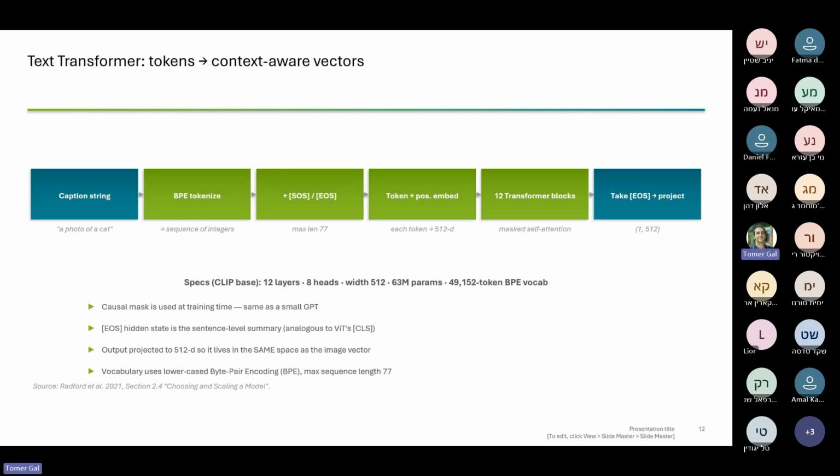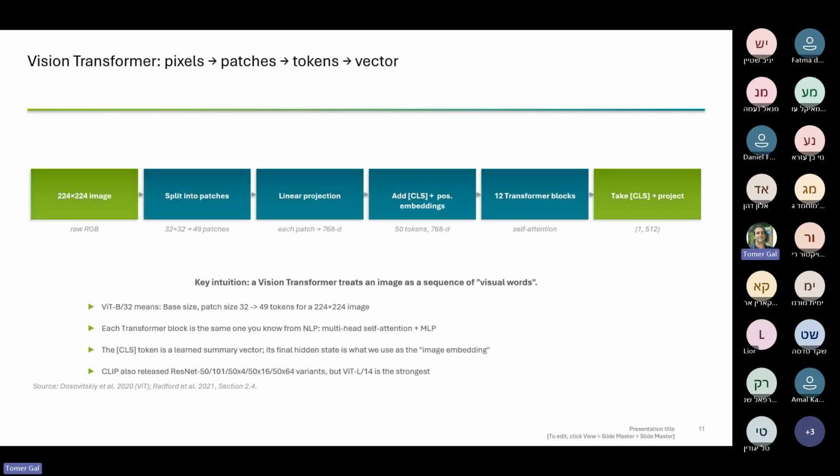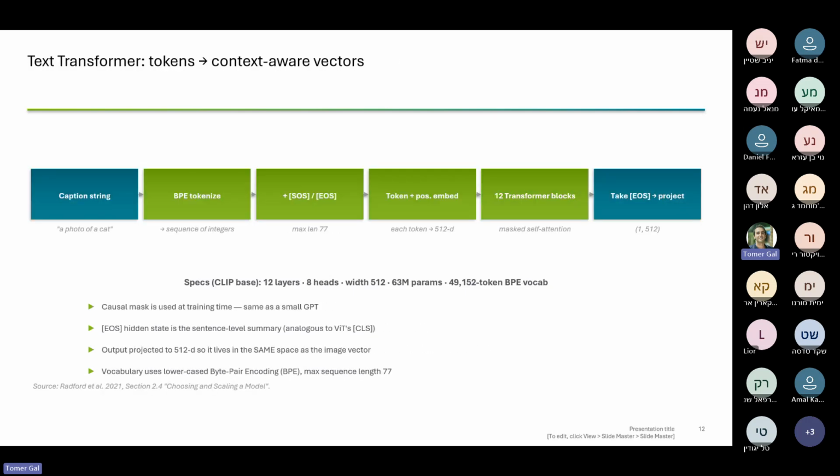Okay, so the previous one was the vision transformer that we had here. Now we look at the text transformer. In the text transformer, we have the caption, then we have the sequence of integers, the indexes. Back then, for their paper, they defined a max length of 77.